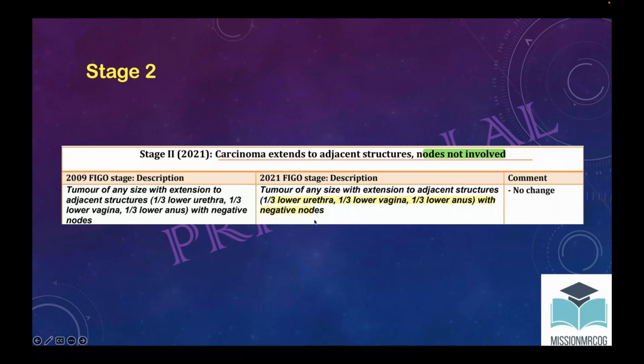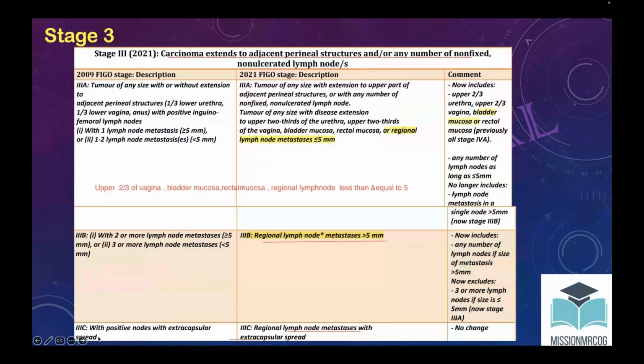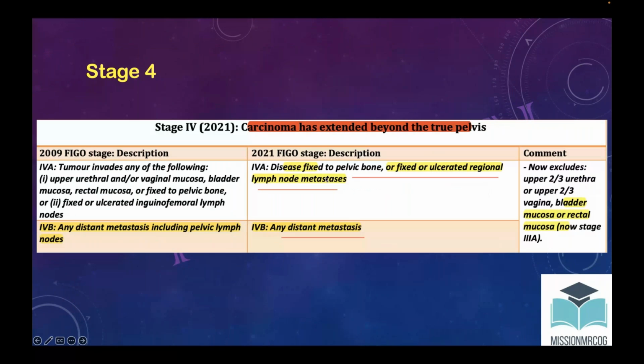Stage 3: 3A is involvement of the upper urethra, vagina, and rectum, and regional lymph node less than or equal to 5 mm. 3B is more than 5 mm, and 3C is extracapsular spread. Stage 4A is disease fixed to the pelvic bone, or ulcerated or fixed lymph nodes, and 4B is for everything else, that is any distant metastasis. So this is the small change in the staging.